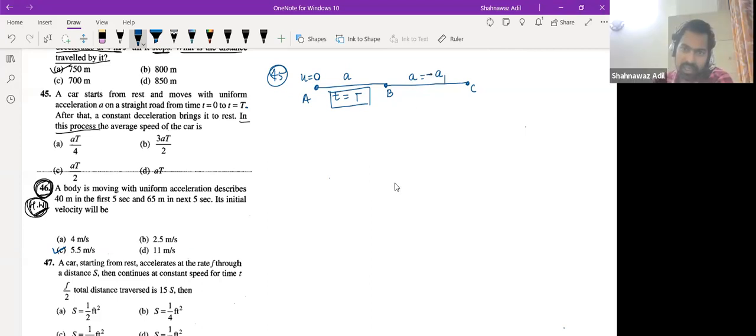Right. And time, let's say time is T1. So now we have this time T1, and in this process, a constant deceleration brings it to rest. So what is the final velocity at this point?